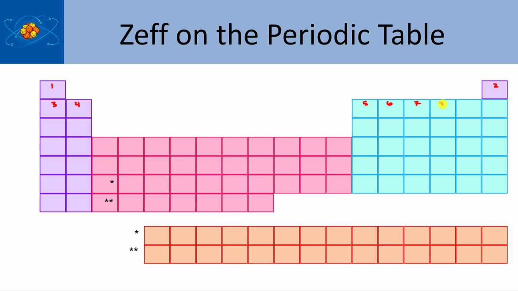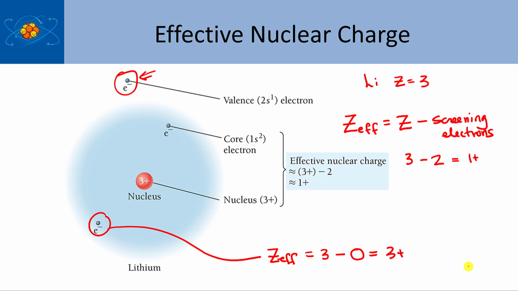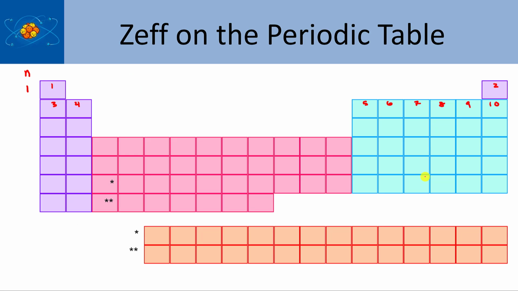I'm not going to do the whole thing, but 8, 9, and 10. So that's the nuclear charge. Now, if you're looking at n equals 1, then the effective nuclear charge is just the nuclear charge because those are the 1s electrons. Now, when you get up to this point here, this is the filled electron configuration 1s2.